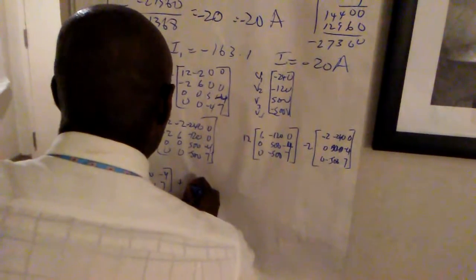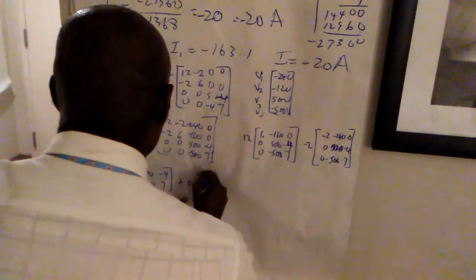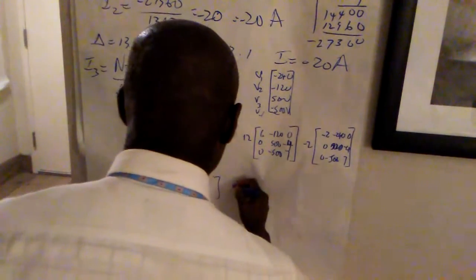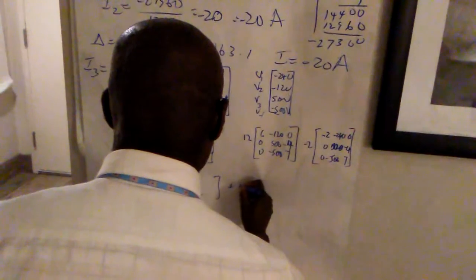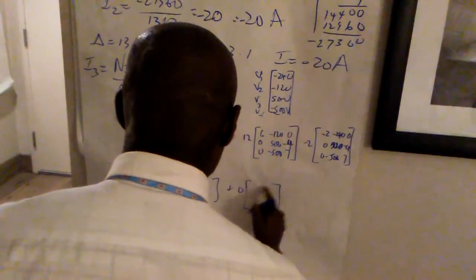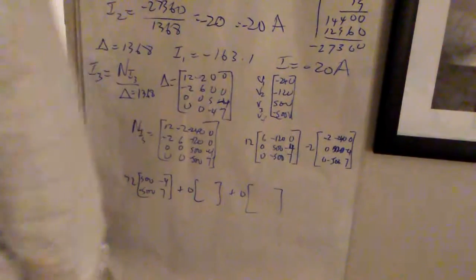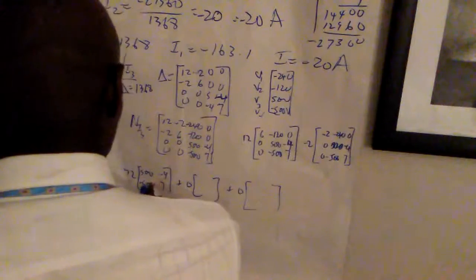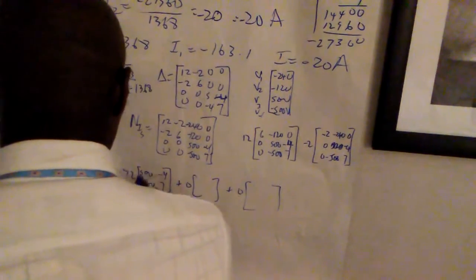Plus 12 times 0, which turns out to be 0, plus 0 into some voltage here, which again turns out to be 0. So in effect, we'll be left with 72 times this.